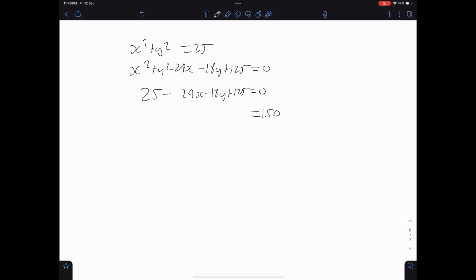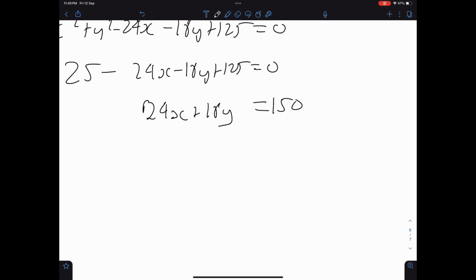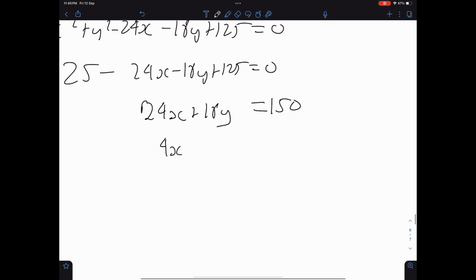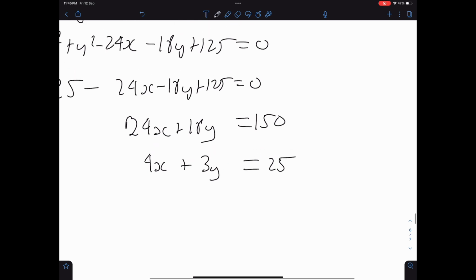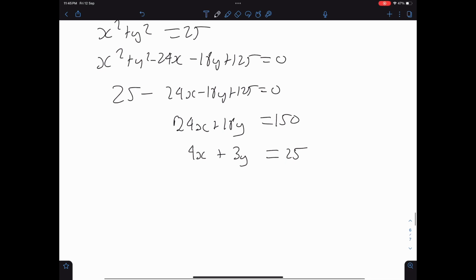And then if I shifted some stuff over to the other side, so this is 150 clearly, and we got 24x plus 18y. And then if we did some division and simplified it a bit, we would get this. And essentially what I would then do is, the points of intersection are going to lie on this line.